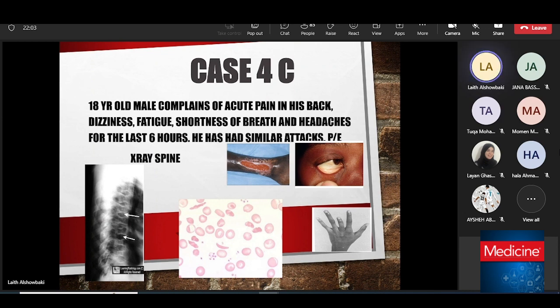You can see in the middle, you can look at the smear and see the lacunar forms of RBCs, and we call those sickle cells. You can look at the right side where you see the hand in which there's a deformity in the middle finger.